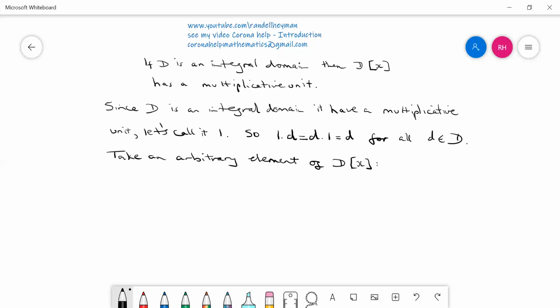So remember, D[x] is just the set of all polynomials that have x as the variable, where the coefficients are only elements of D. So if we take an arbitrary element of D[x], I could call it d0 plus d1x plus d2x squared plus up to dm x to the m, where m is the degree of the polynomial, so we want it to be a positive integer.